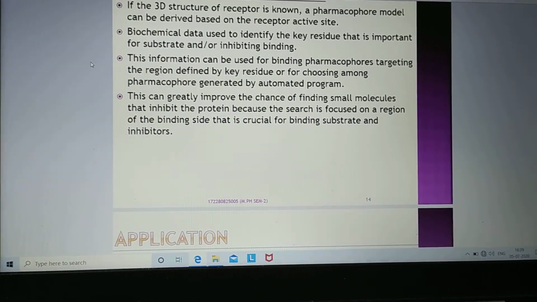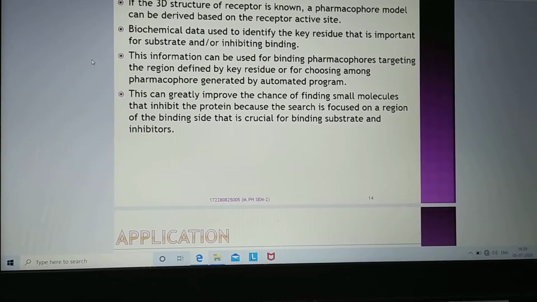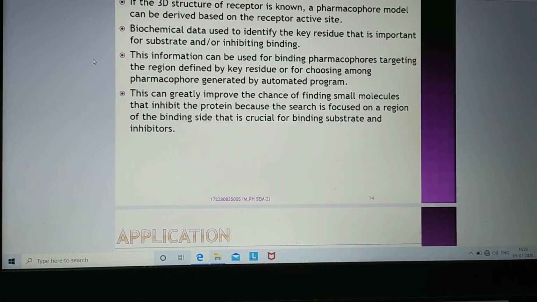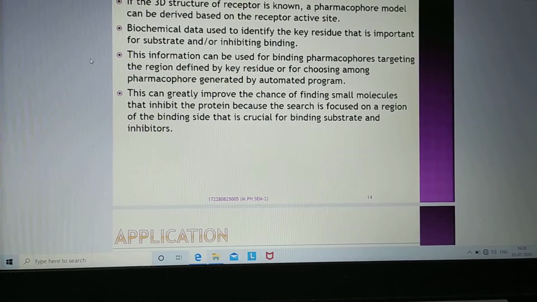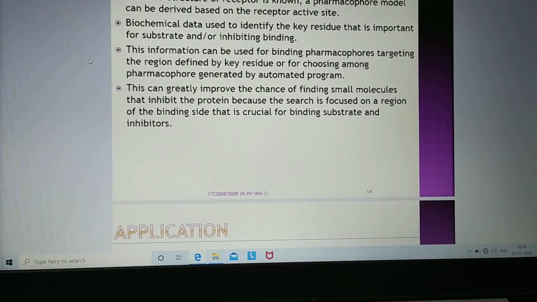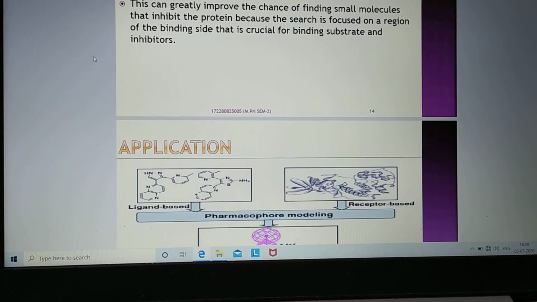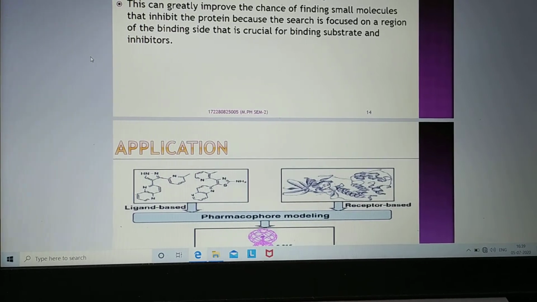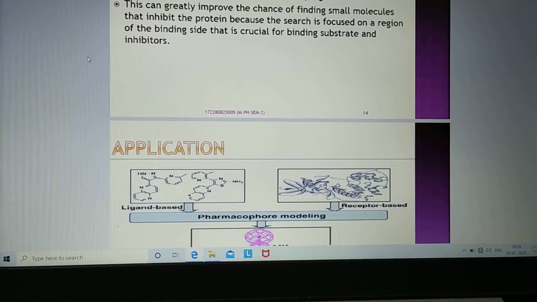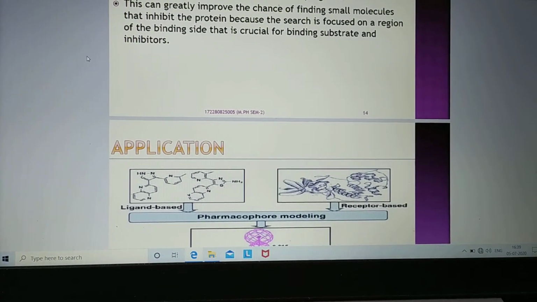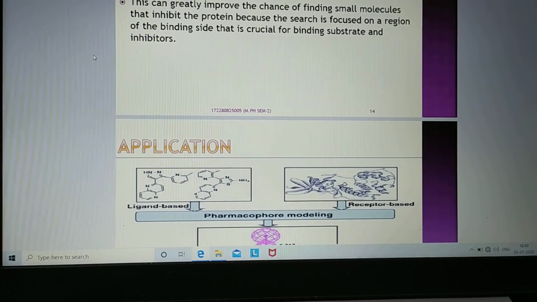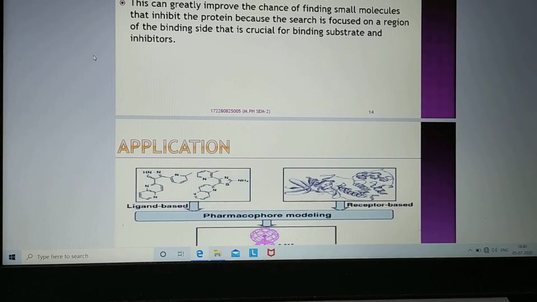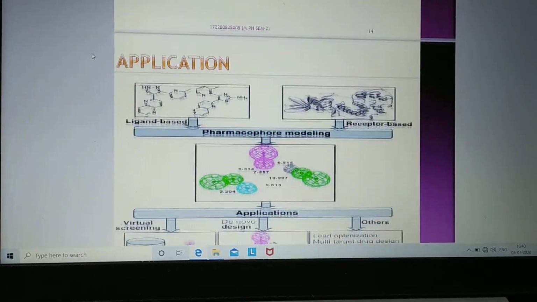This information can be used for building a pharmacophore targeting the region defined by key residues, or for choosing among pharmacophores generated by automated programs. This can greatly improve the chance of finding small molecules that inhibit the protein because the search is focused on the region or binding site that can be crucial for binding substrate and inhibitor.